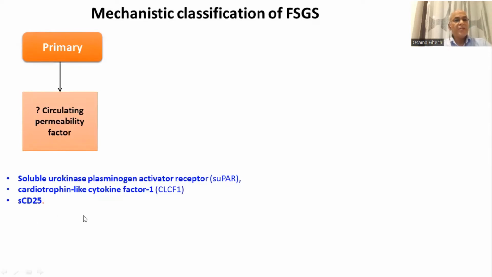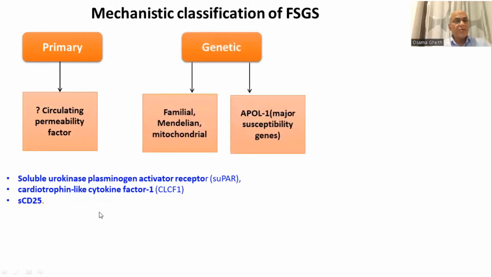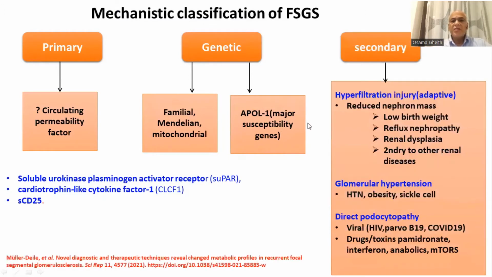All of these can affect the podocyte function. Genetic factors include familial, with history of familial FSGS, or apolipoprotein L1, which is a major susceptibility gene. Or secondary, these are the mechanistic causes of FSGS.